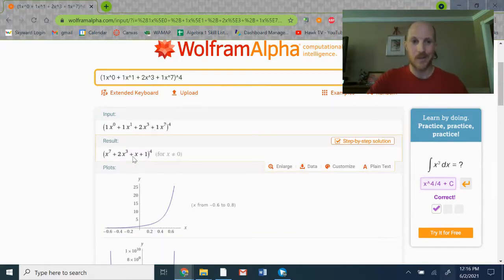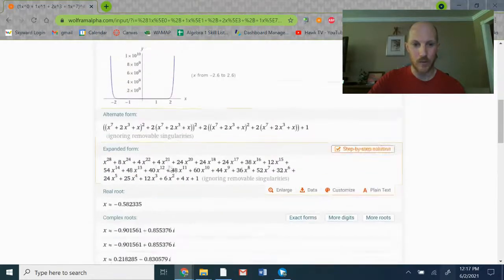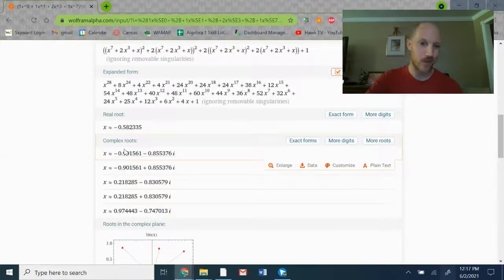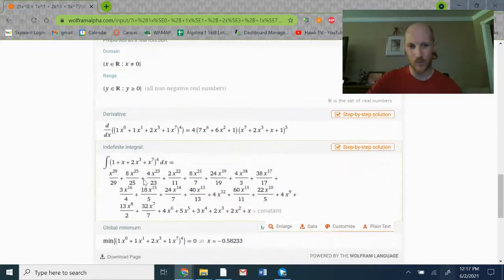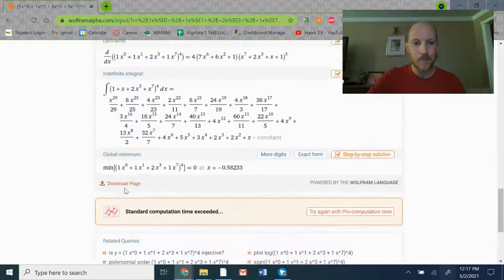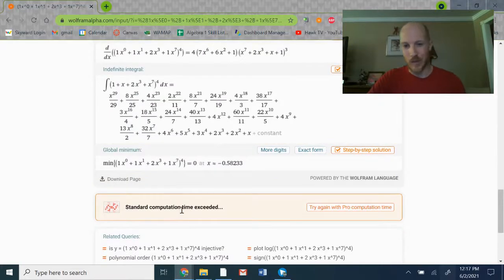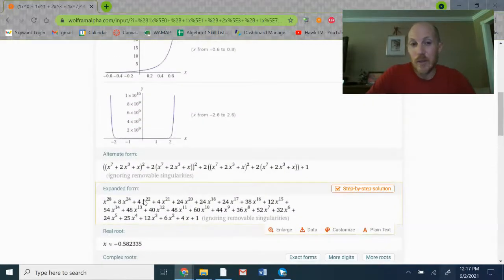And then there are other ways of writing it: graphs, alternate forms, expanded form, roots, complex roots, graphs in the complex plane, discriminant, properties of real functions, derivatives, integrals. There's a ton of stuff. And it would have done more, except my standard computation time was exceeded. Oh my gosh, there's more. All right, well, the only thing I'm actually interested in is the expanded form right here.